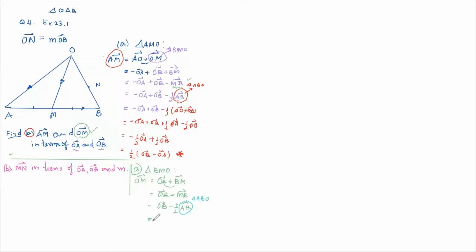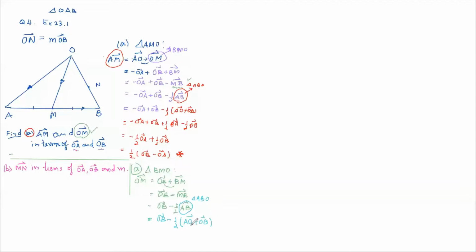Okay, so I have OB minus 1/2 AB, open bracket, start from A because AB starts from A, so become AO plus OB again, right?